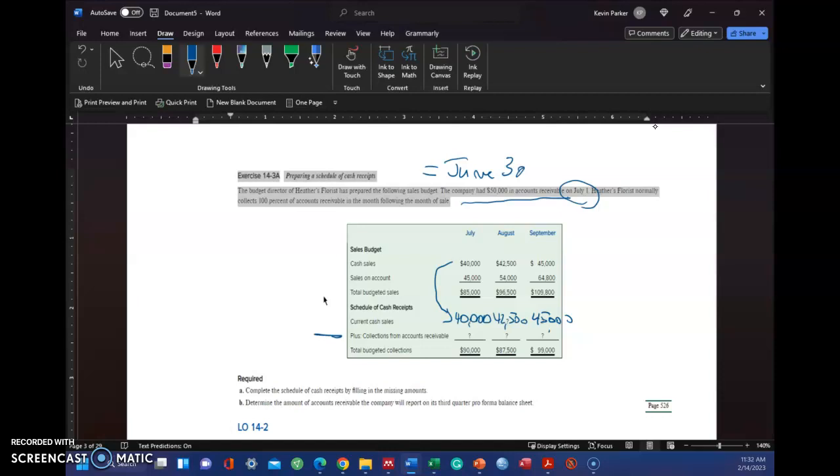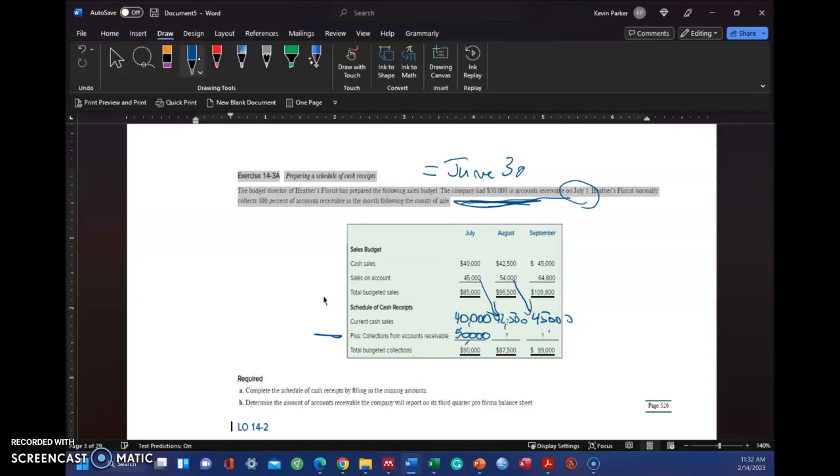Very common in accounting. So that means they're going to collect June accounts receivable, which was given right here. It was just not worded that way. $50,000. Now, they collect everything else in the month after.